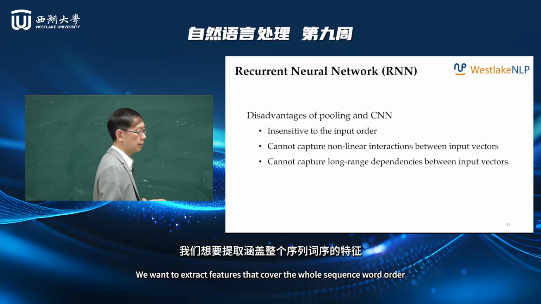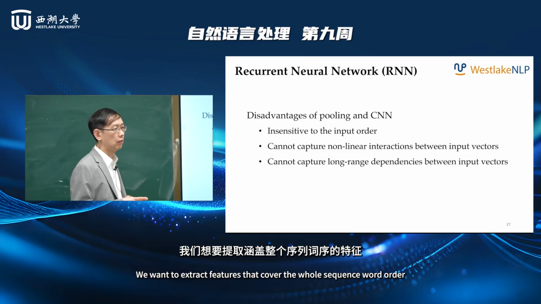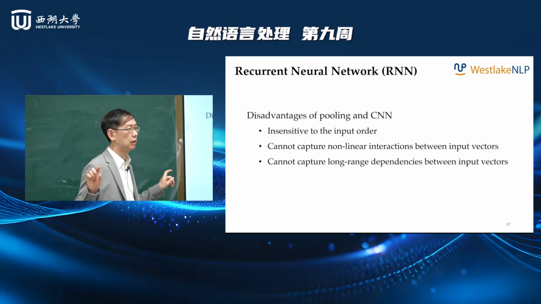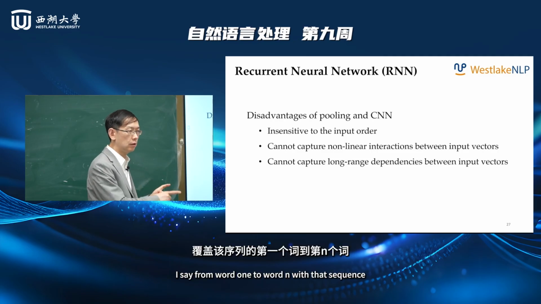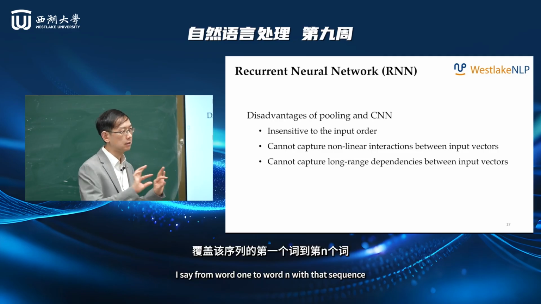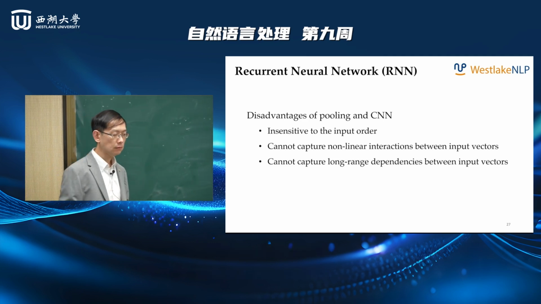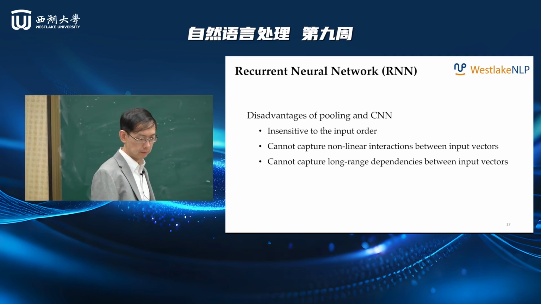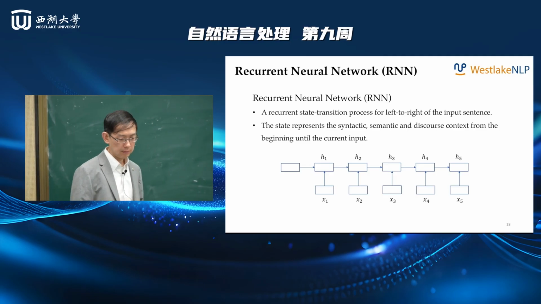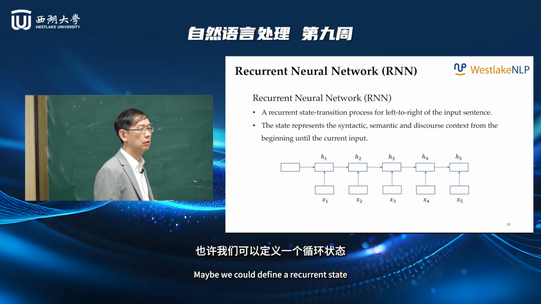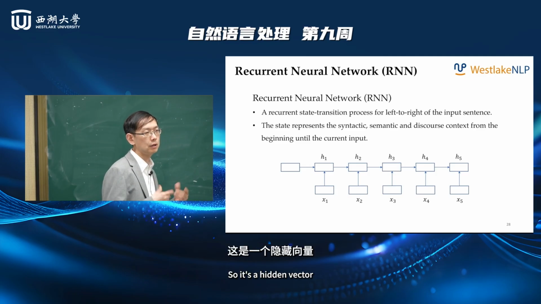We want to extract features that cover the whole sequence word order, from word 1 to word n, and n-grams cannot cover that. How do I do that? Maybe we could define a recurrent state. It's a hidden vector.